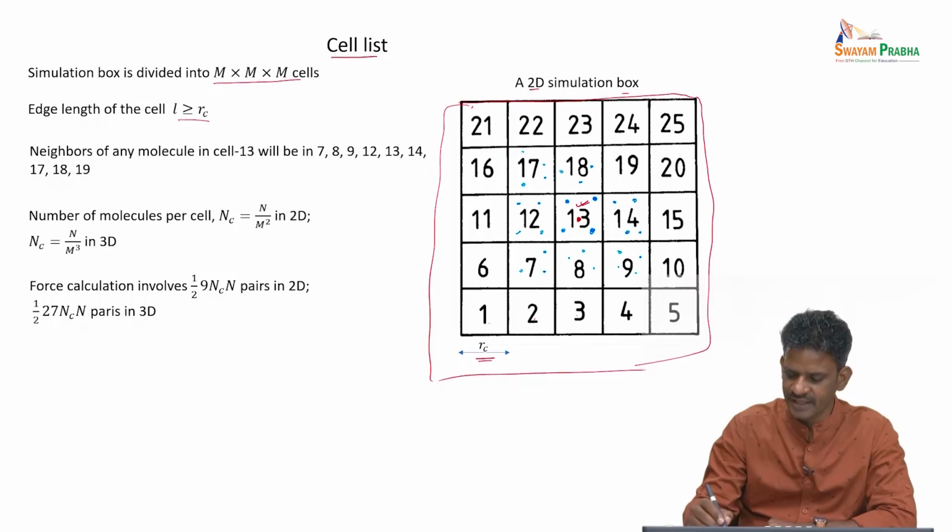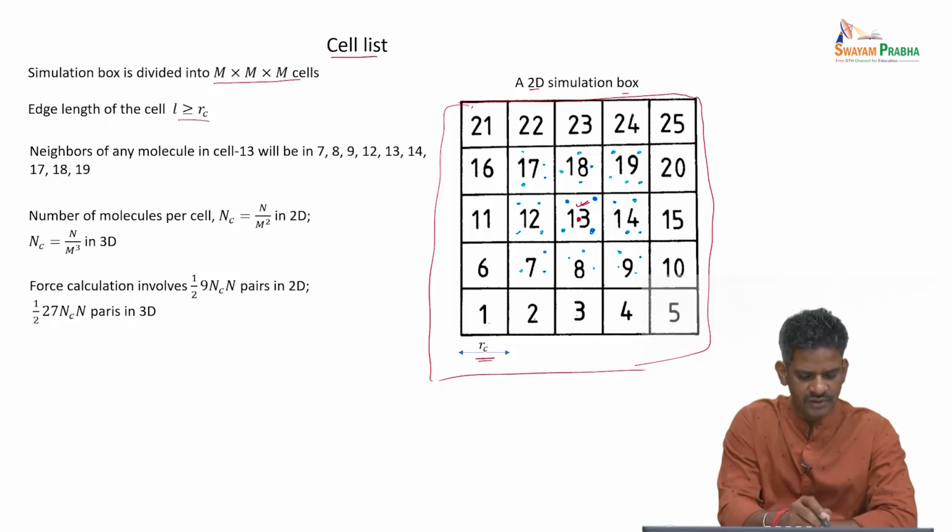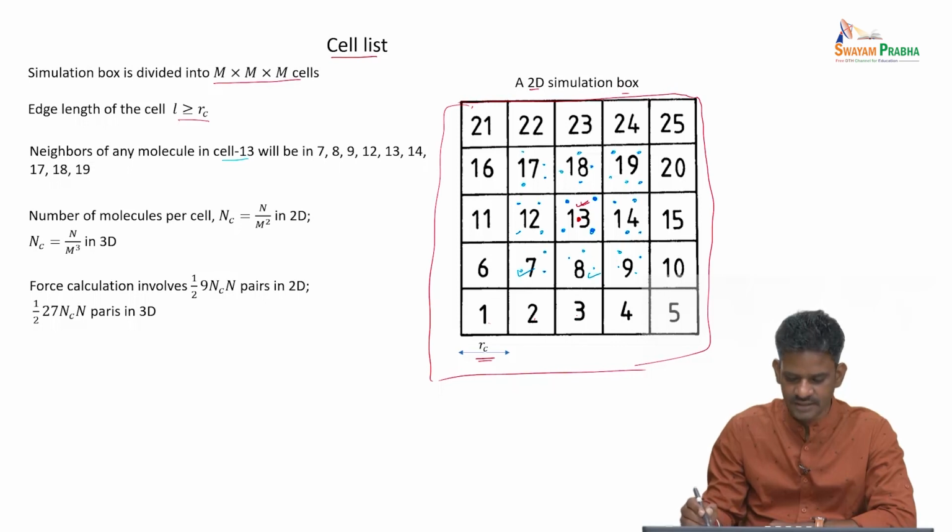You might have some distribution of neighbors in these neighboring boxes. So neighbors of any molecule in cell 13 will be only in 7, 8, 9, 12, 13, 14, 17, 18 and 19.